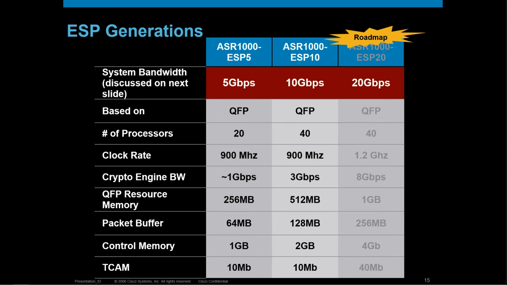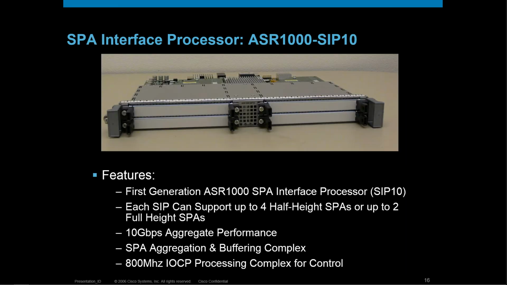We're looking at 3 times the bandwidth for our ASR1000 ESP10, which is, yes, a 10 gigabit connection, but for our throughput for our cryptology, it's 3 gigabits per second. The newer ESP20 does do 8 gigabits a second, but I was unable to find any solid details on it.